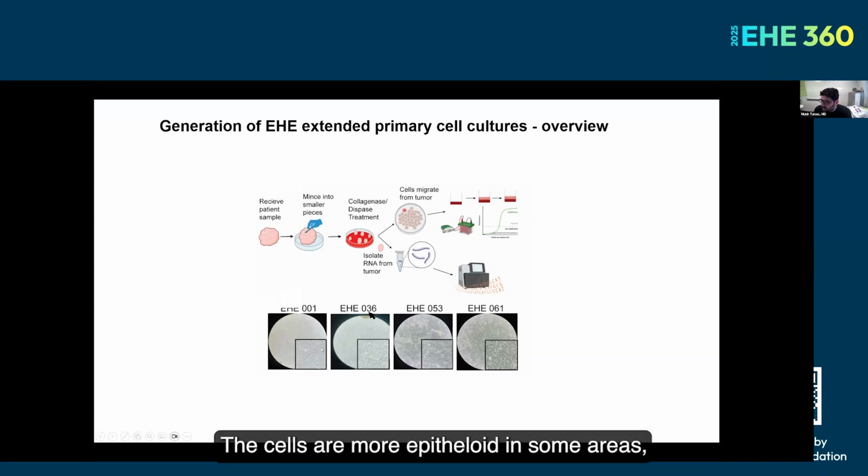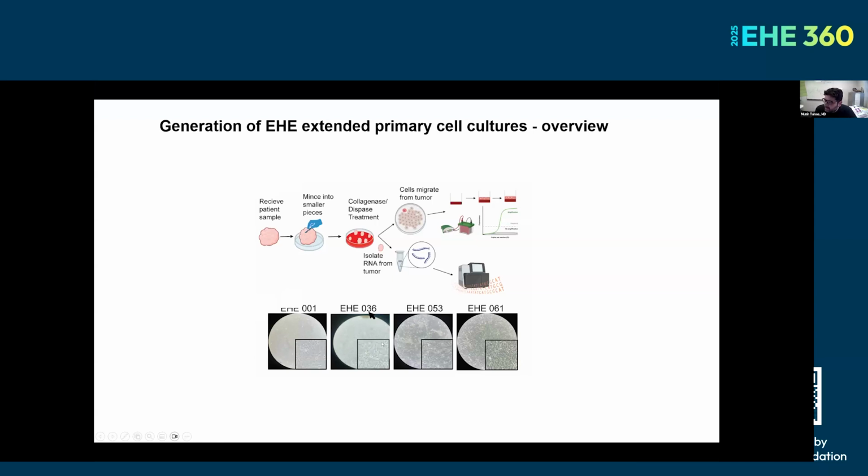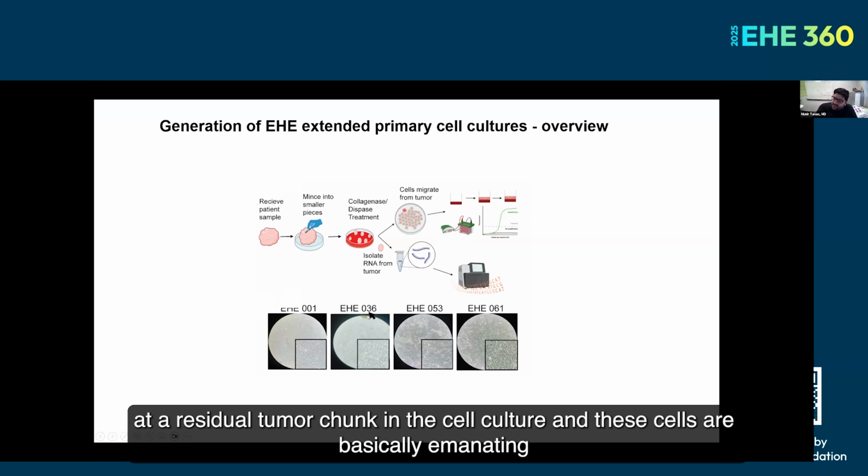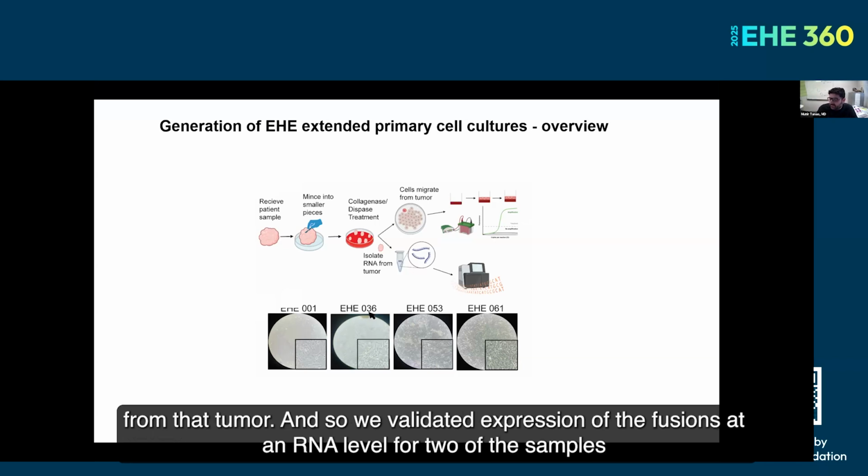The cells are more epithelioid in some areas, but also spindle shaped at the periphery of these cell cultures. And you can see over here, this arrow is pointing at a residual tumor chunk in the cell culture, and these cells are basically emanating from that tumor.